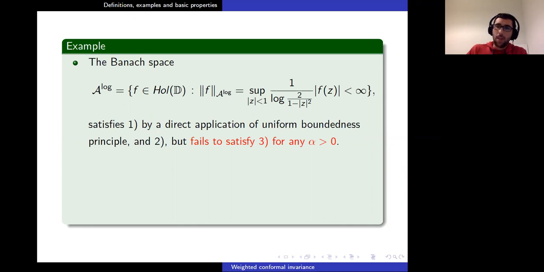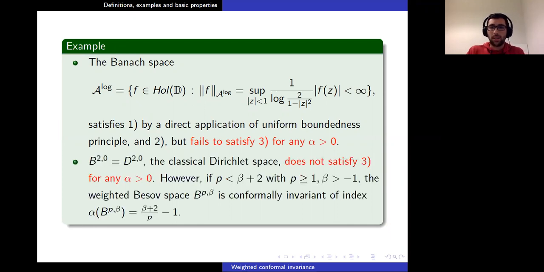The same happens with the classical Dirichlet space. However, if we impose certain restrictions on the parameters, we can see that the weighted Besov space B^p_beta is conformally invariant of index (2 plus beta) over p minus 1.